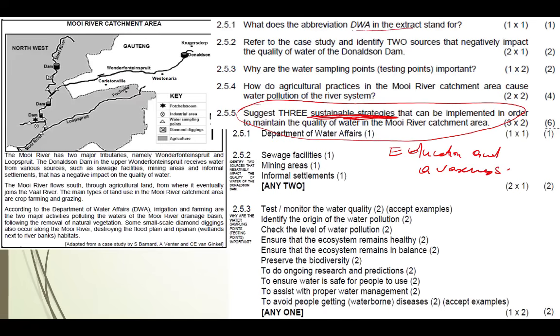If it's a sustainable strategy to reduce urban heat island, you must know it's education and awareness. If it's a strategy to keep the rivers clean, it's education and awareness. If it's a strategy to reduce the impacts of tropical cyclones, it is education and awareness. If it is a strategy to reduce the impacts of mid-latitude cyclones, it's education and awareness.